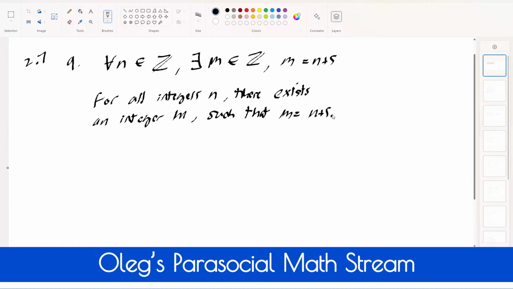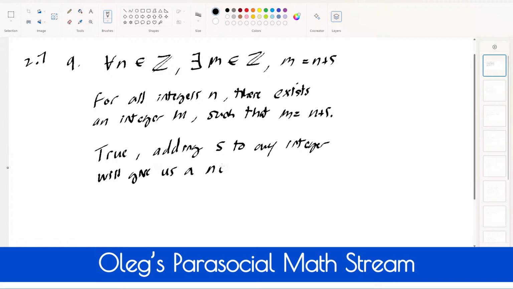So this is true. Adding 5 to any integer n will give us a new integer m. Yeah, that seems to make sense to me.